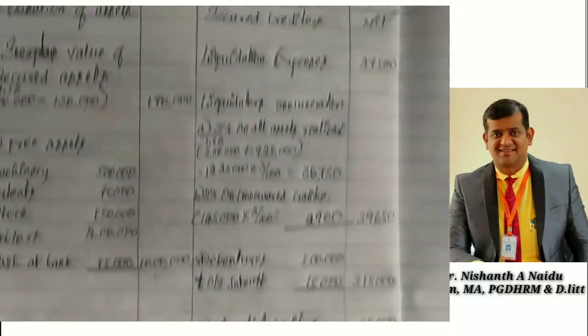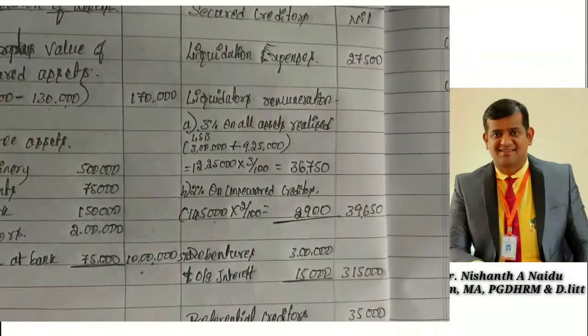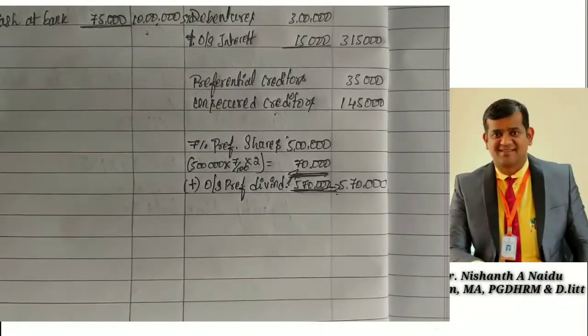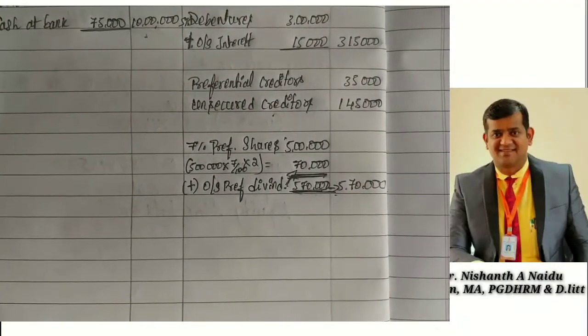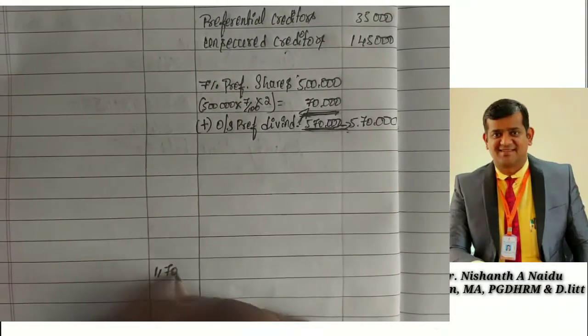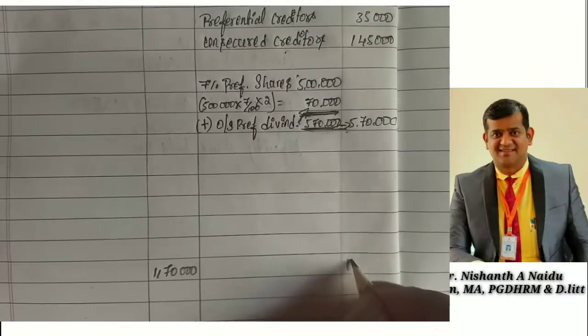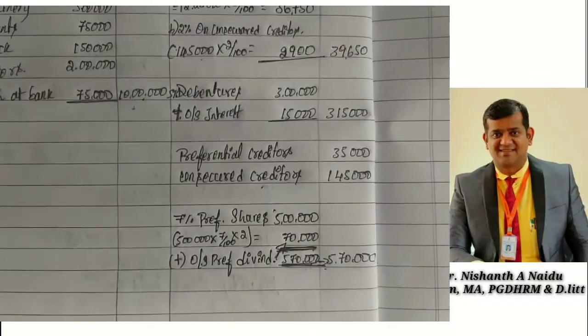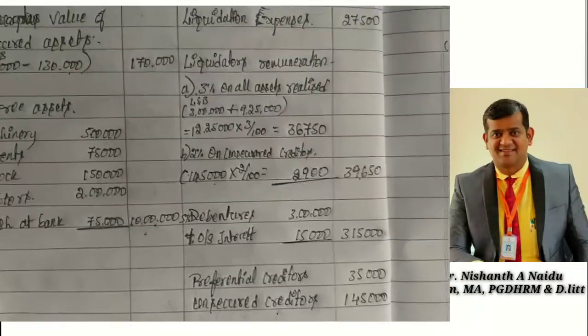How do we get to know? By doing the total: 1,70,000 plus 10 lakh, 11,70,000 total. So I'm going to write it here. How much is the amount we have settled?